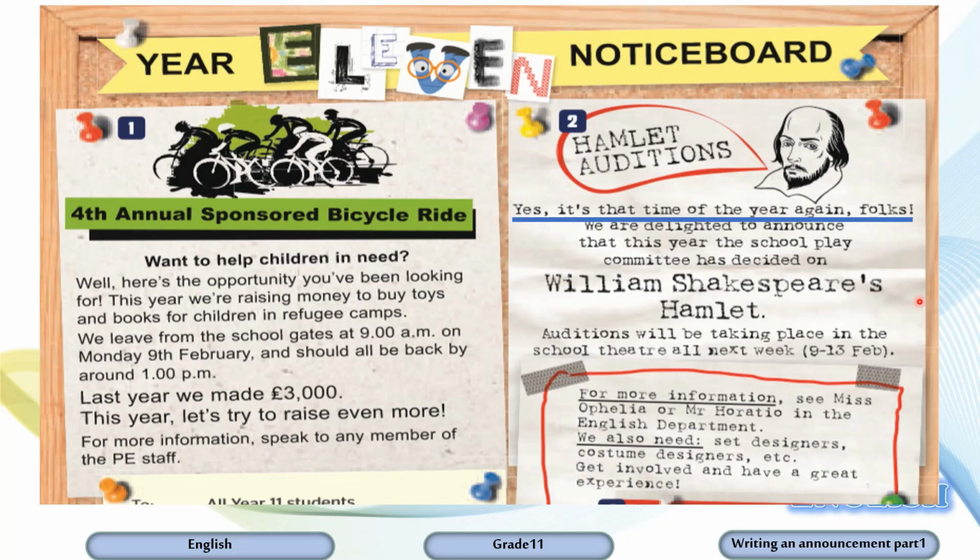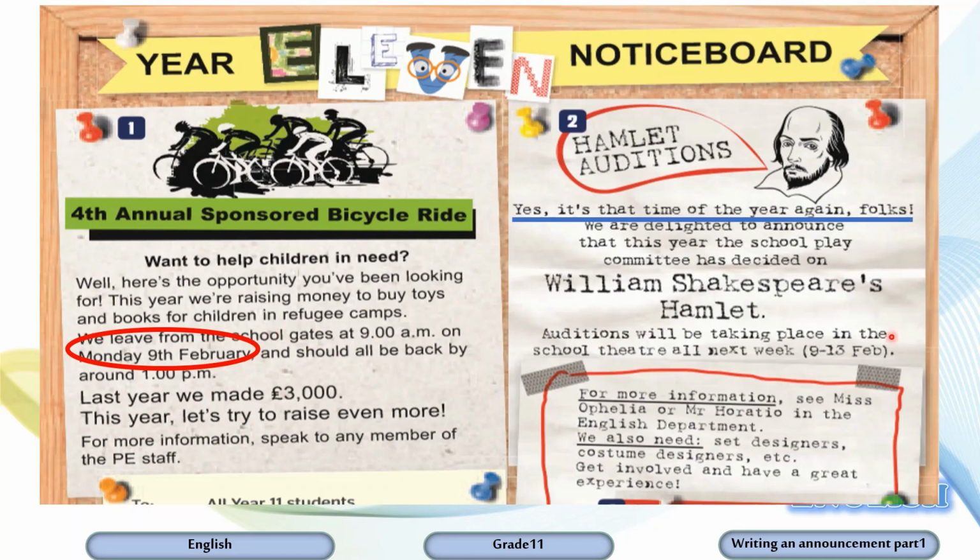Okay, so let's focus on the circled one. So what do you think this is? We leave from the school gates at 9 a.m. on Monday, 9th February. So they leave from school. Do you think this will happen on the school premises? No, of course, because they will leave the school and they should all be back by around 1.